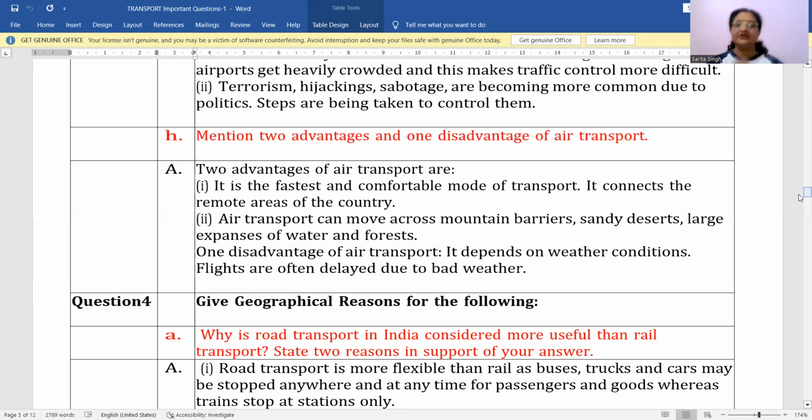One disadvantage related to the air transport is it depends on weather condition, then flights are often delayed due to bad weather. Yes, this is again one thing. And one more disadvantage here you can add related to India, at least we in India, we can discuss about all these things, that it is quite expensive, right?